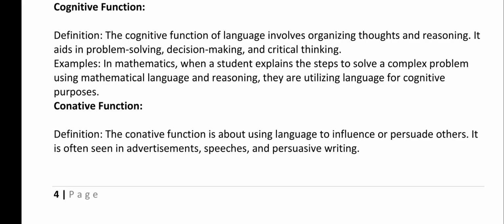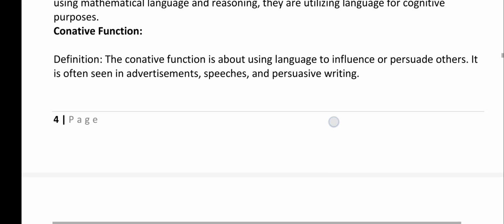You are making use of your cognitive abilities in the process of language learning. Here an example is given of mathematics. So when a student is trying to solve the mathematical problem by using different steps to solve a complex problem, then he or she is making use of the mathematical language and reasoning. They are utilizing the cognitive ability they have, right?